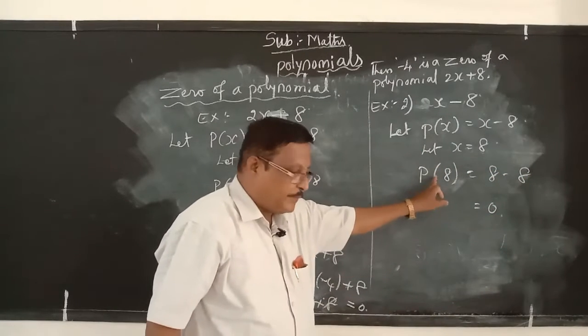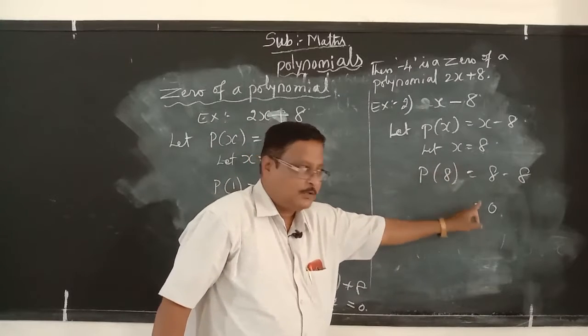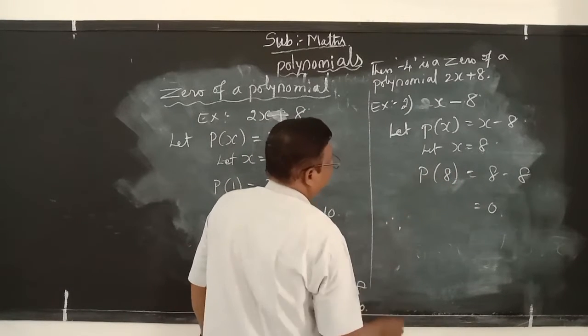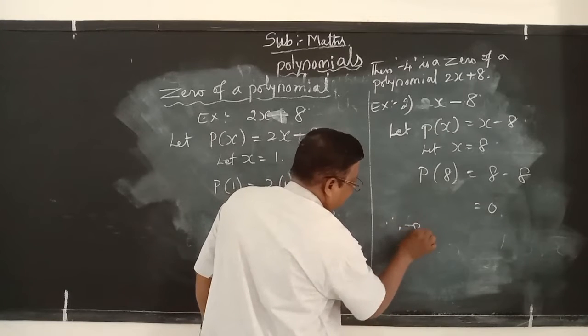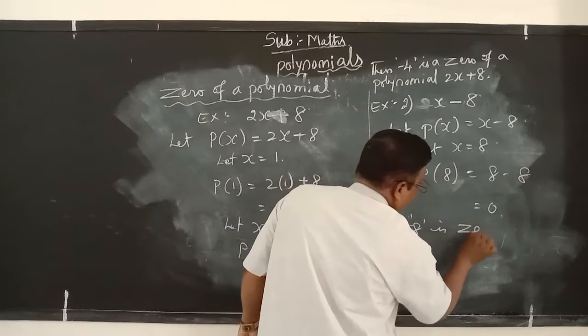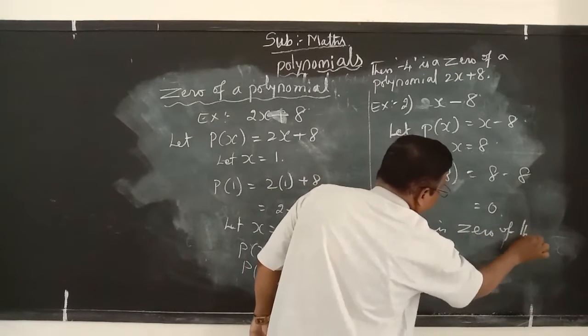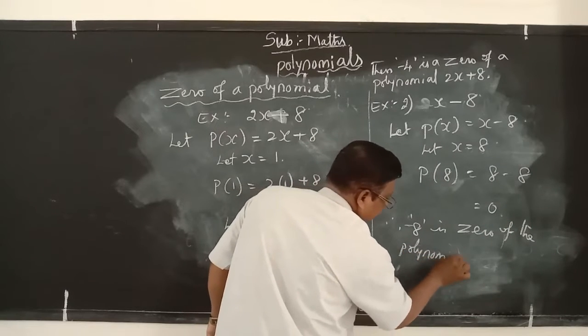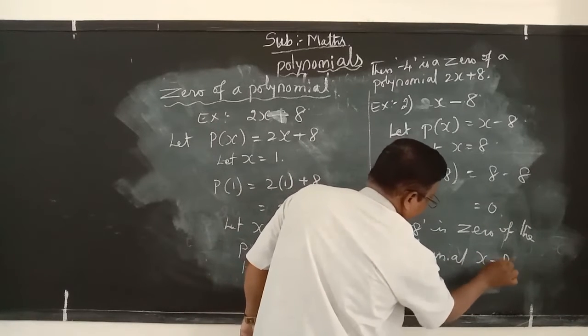Therefore, for which value is the polynomial 0? For 8. The assigned value is 8. Therefore, 8 is a zero of the polynomial x minus 8.